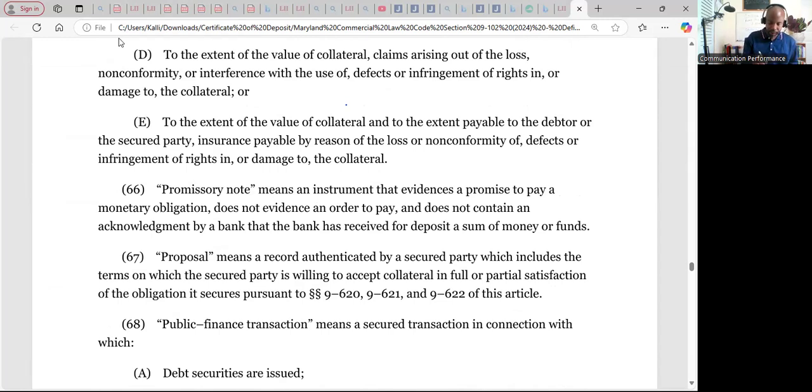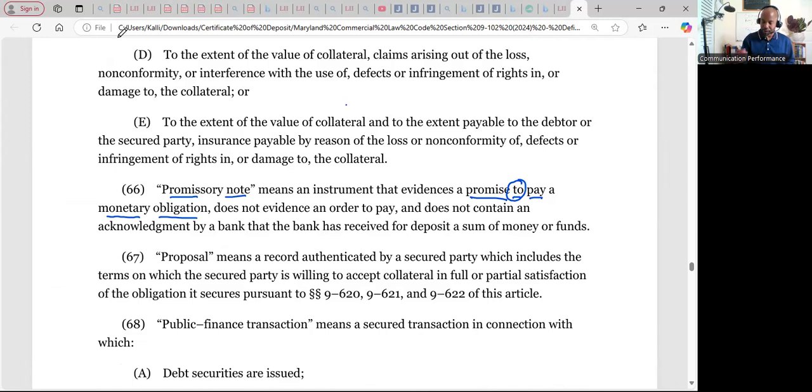So it says promissory note, right? It says means an instrument that evidences a promise to pay a monetary obligation, right? So we promise to pay a monetary obligation, right? And you should pay special attention to this particular word right there.